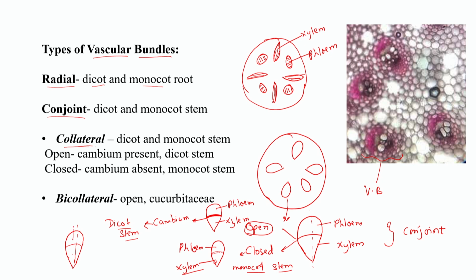Here it is better to understand because this is the outer side. So, phloem is on the outer side and xylem is on the inner side. That condition is known as collateral.